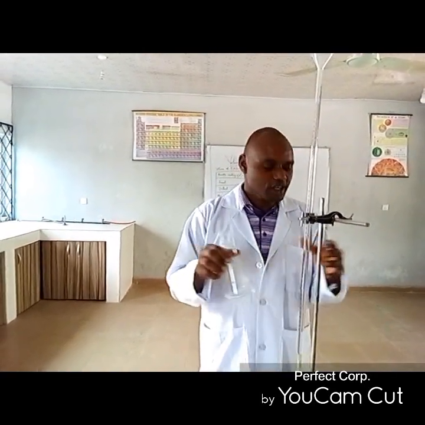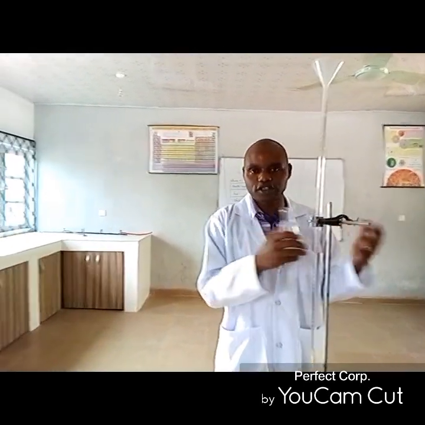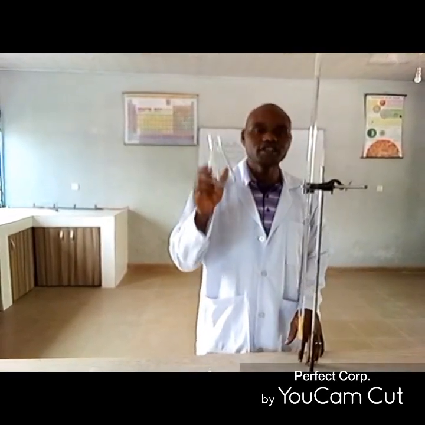And then another thing we need to take note of is each of these apparatus that we are making use of, before you start using them, make sure you rinse them. I think in one of the videos we did, we explained the precautions. Like for this conical flask, don't rinse the conical flask with either the base solution or the acid solution. You can only rinse the conical flask with distilled water.